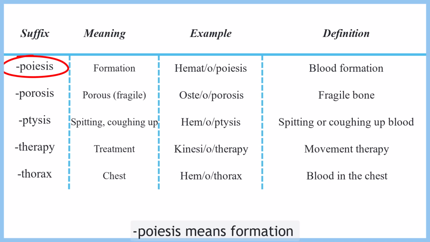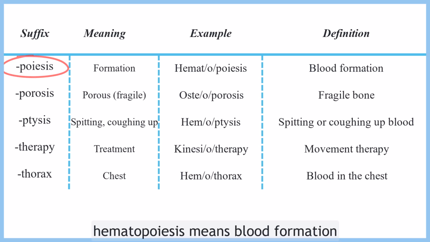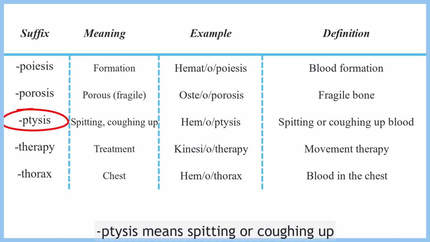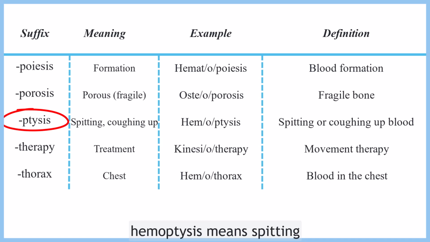Poiesis means formation. Hematopoiesis means blood formation. Porosis refers to porous or fragile. Osteoporosis means fragile bone. Ptysis means spitting or coughing up. Hemoptysis means spitting or coughing up blood.